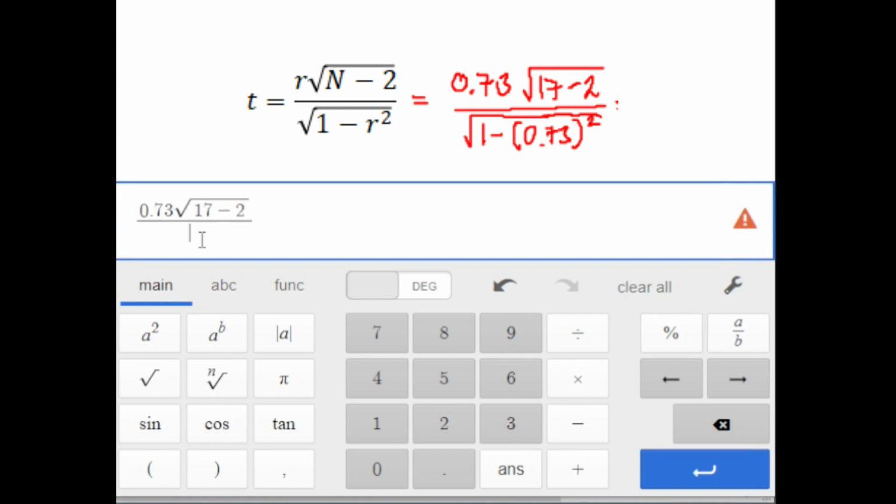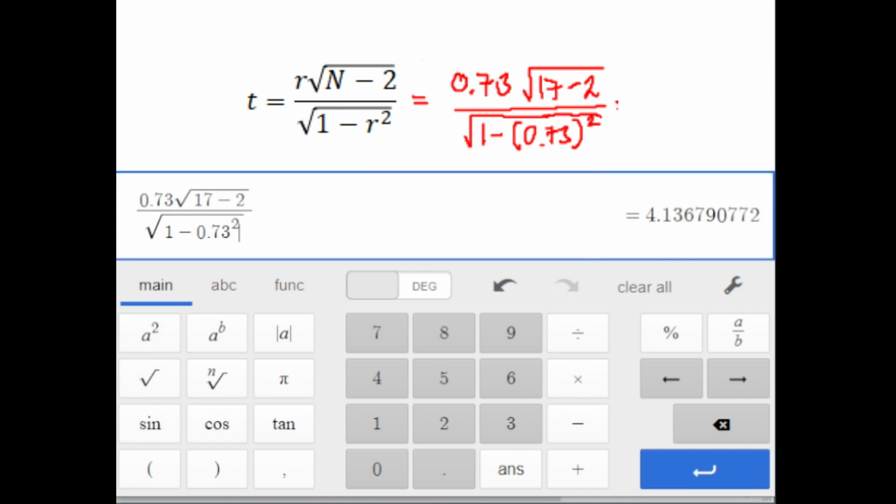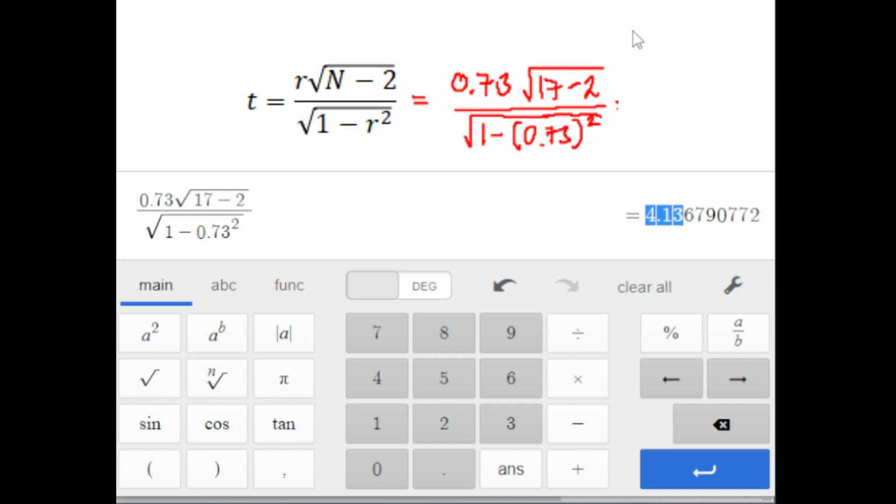Okay, yan po yung numerator. Sa denominator, square root ng 1 minus 0.73 square. Okay, ang sagot po dyan ay 4.136709772. Since dalawa lang po yung kailangan natin ng decimal, magiging 4.14 po siya.